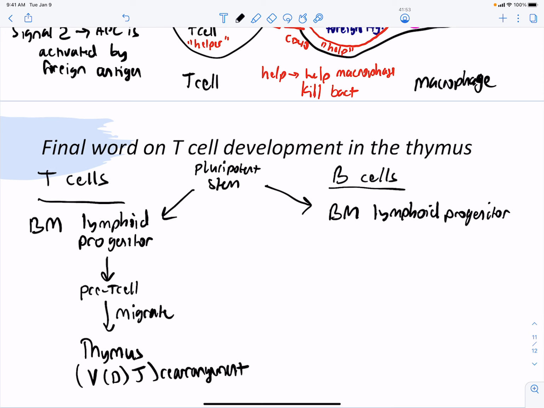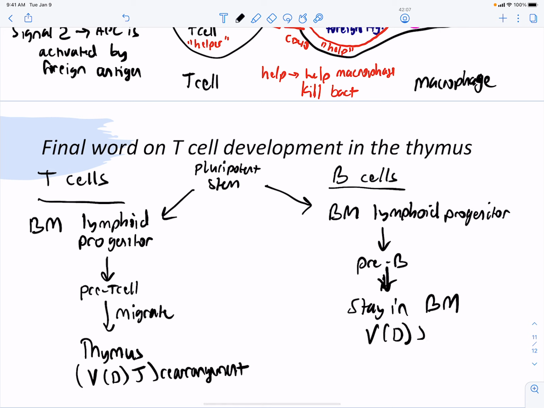B cells will stay in the bone marrow, and this is where they do their VDJ rearrangement. Okay, so they both do VDJ rearrangement, but they stay in different cell locations.